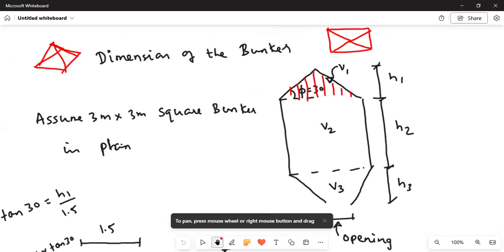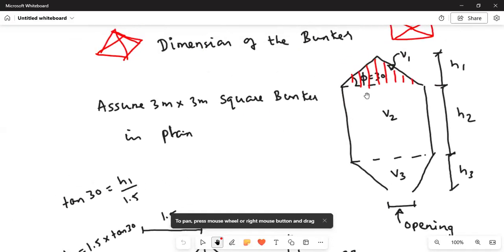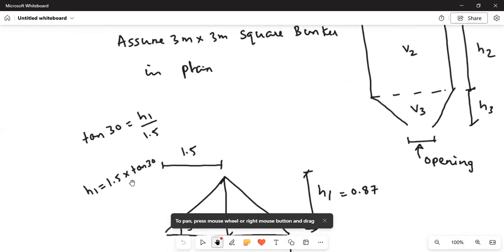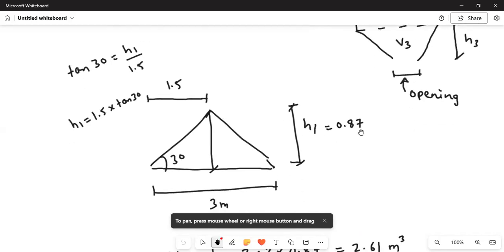This angle is 30 degree, and you know how to find this H1. tan 30 equal to H1 divided by 1.5. So H1 equal to 1.5 tan 30. It is coming as 0.87.